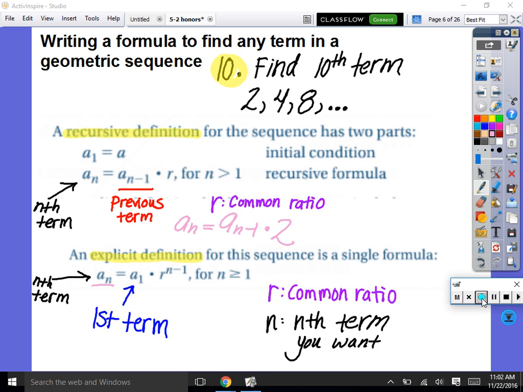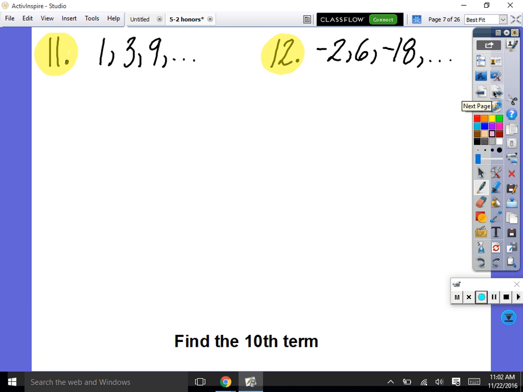Okay, here we go. Let's apply the formula. Number 11 says find the 10th term. First of all, we would check, because on the test, I'm not going to say this is geometric or arithmetic. You have to determine so that you know the correct formula. So 9 divided by 3 is 3. 3 divided by 1 is 3. Oh, this is geometric. So then you'd say, what's the explicit formula for geometric? It's a sub n is equal to a sub 1 times the ratio raised to the n minus 1.